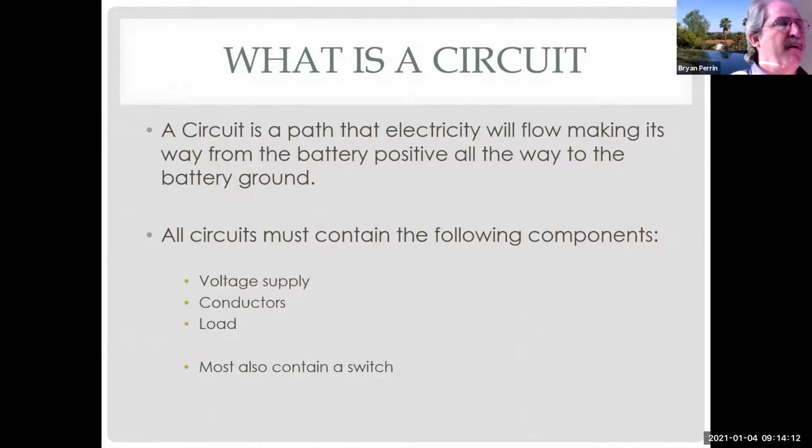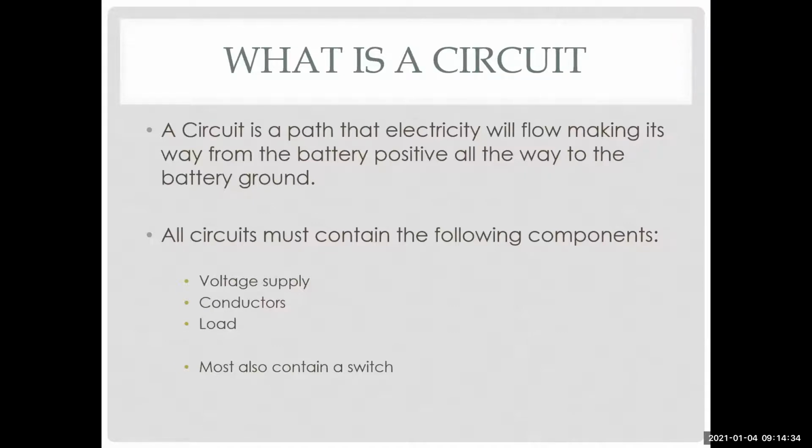Now, most circuits also contain a switch, but a switch is not required to have a functioning circuit. Now, what do you think a switch is? Do you think it's a voltage supply, a conductor, or a load? No, none of those. It's a conductor. Could you call it a control device?